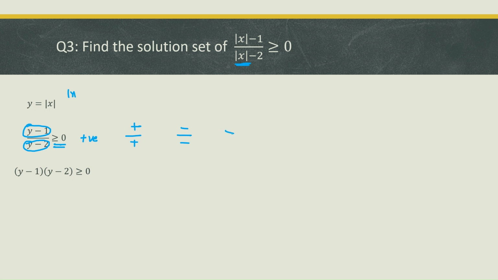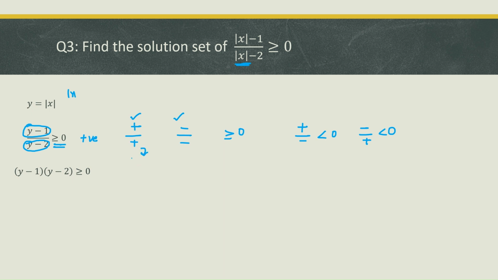Then only we get the output as greater than or equal to 0. Do you agree? Negative number by negative number will be a positive number, and positive by positive will be a positive number. But if they have opposite signs, this would be less than 0. So one of these cases should hold.